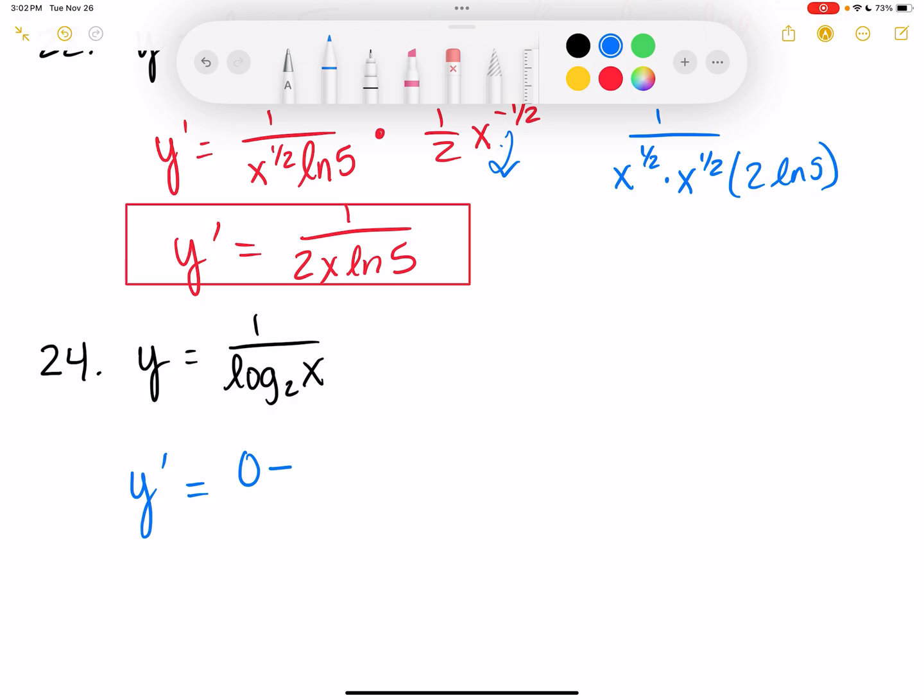So the derivative of the bottom is x times the ln of 2. So that's whatever's inside times the ln of whatever the base is on it, over the denominator squared, so log base 2 of x squared.